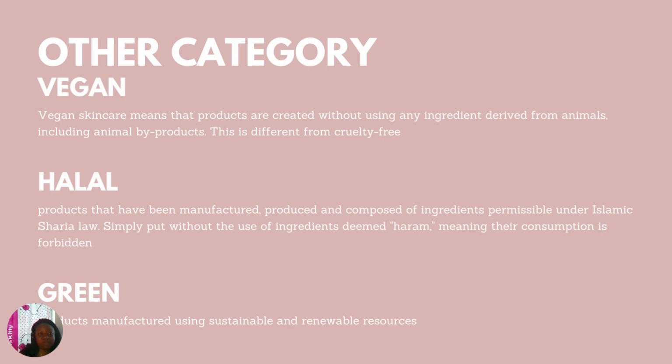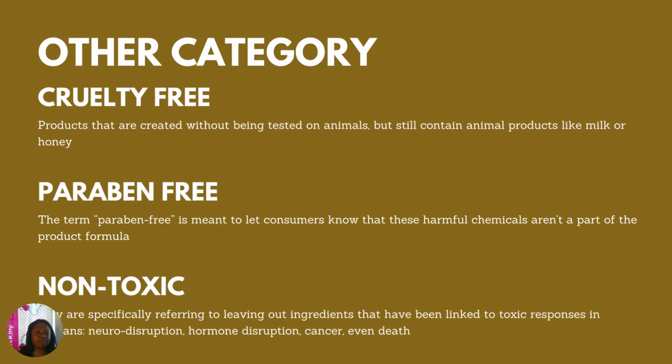So, swiftly moving on, we also have green products. Green products are products manufactured using sustainable and renewable sources of raw materials. Next, we have cruelty free products.